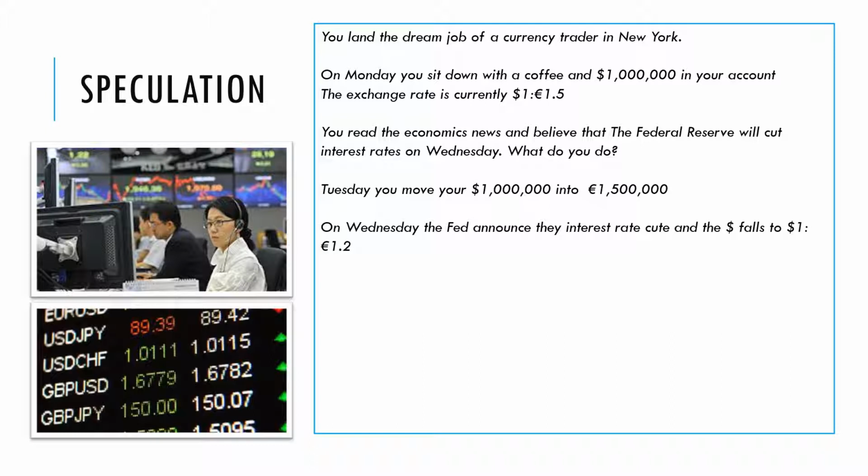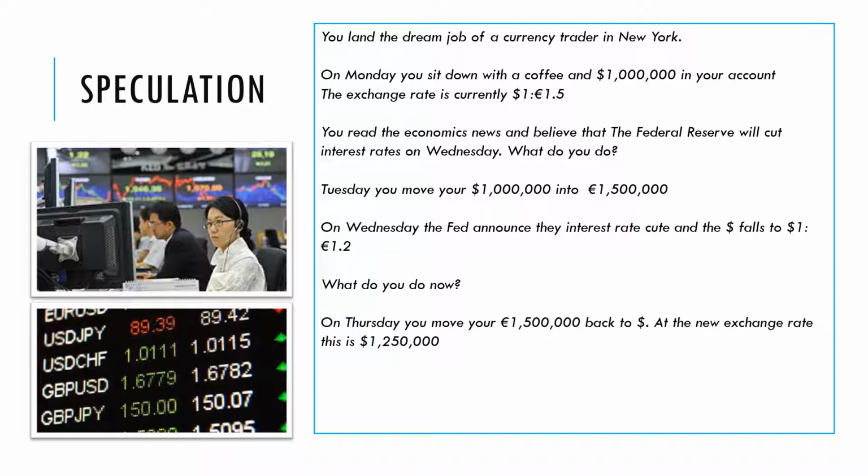On Wednesday, the Fed go through with their announcement and they cut interest rates. This causes the dollar to depreciate. $1 is now only worth €1.20. So what do you do now? Well, the smart cookies amongst you will note that on Thursday you should move your 1.5 million euros in the euro bank account back into dollars.